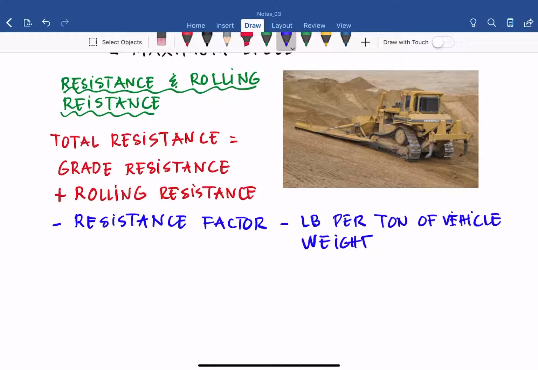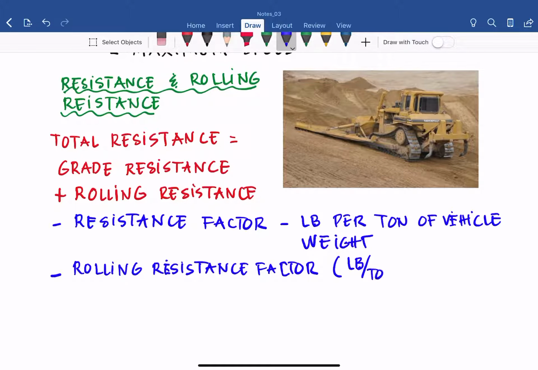And for the rolling resistance factor, the first resistance we want to talk about, the equation is, and again it is measured in pounds per ton of vehicle weight, for the foot-pound system, equal to 40 plus 30 times inches of penetration.